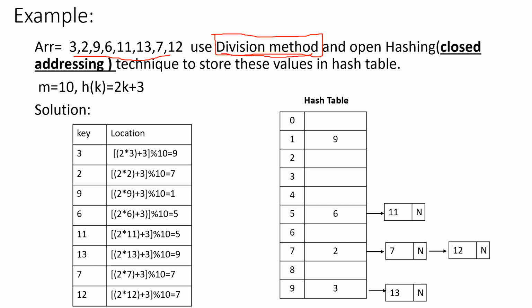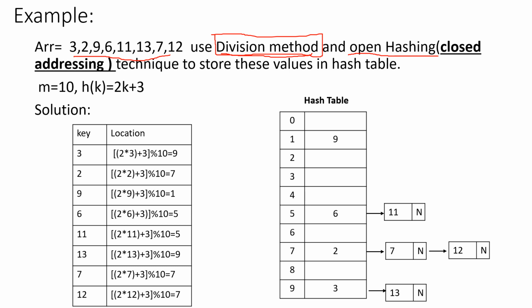Next it says which collision resolution technique you apply to reduce the collision. It says use open hashing. Whenever open hashing comes, the resolution technique you apply is separate chaining, and the data structure you use is a linked list.